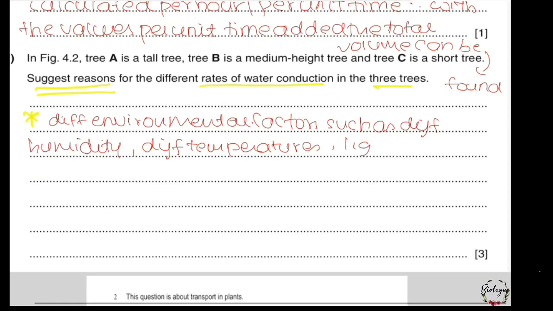Why are we saying that? If the environmental conditions differ or they vary, the transpiration rate will vary. So if the environmental conditions vary, transpiration rate will vary.